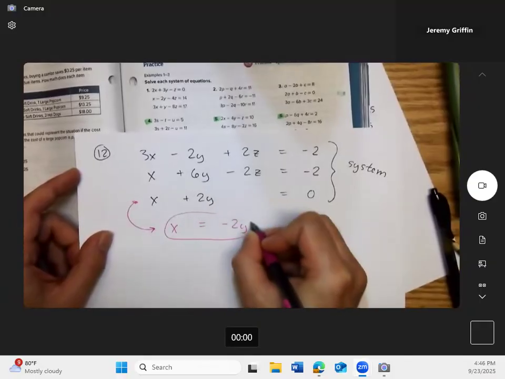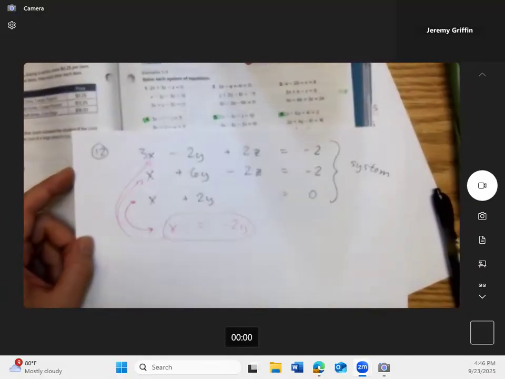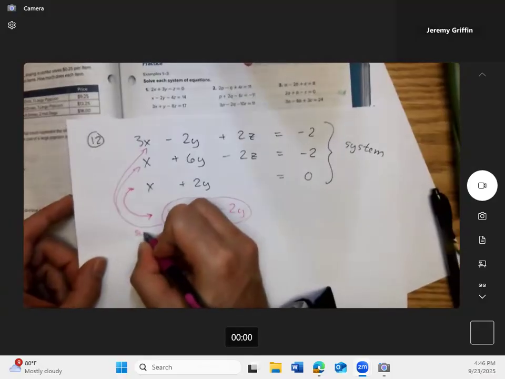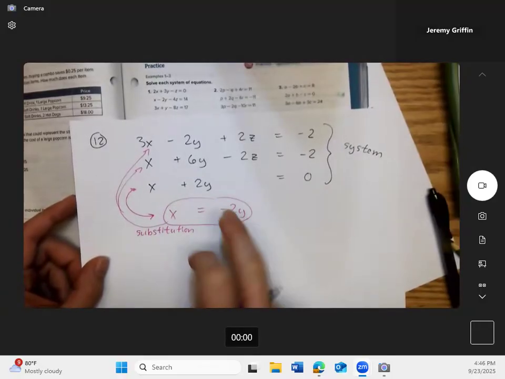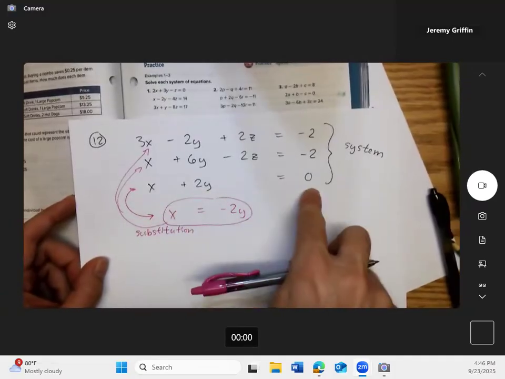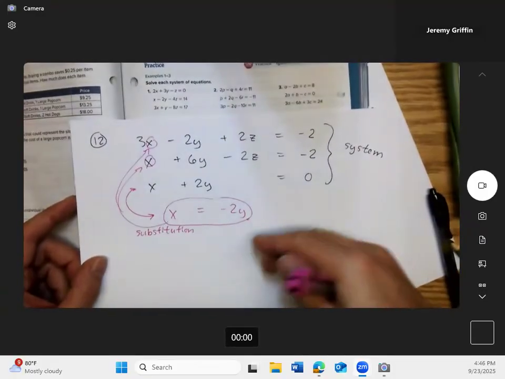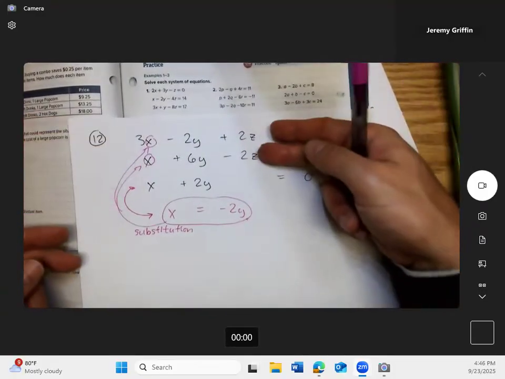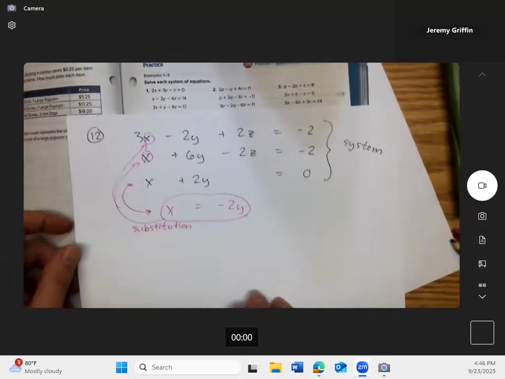I could substitute that for this x right here, and also this x right here. Because I know x is -2y from this third expression, I sub that in for these x's. Later, when I add the top two expressions together, it'll eliminate the z, and I'll immediately know what y is. All the dominoes are going to fall from that point.